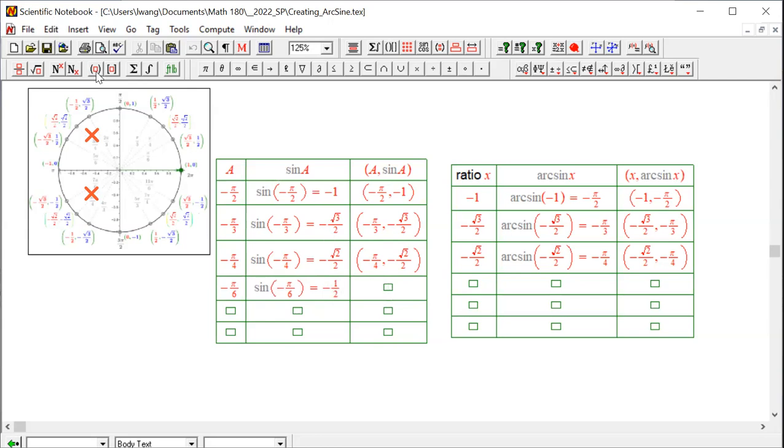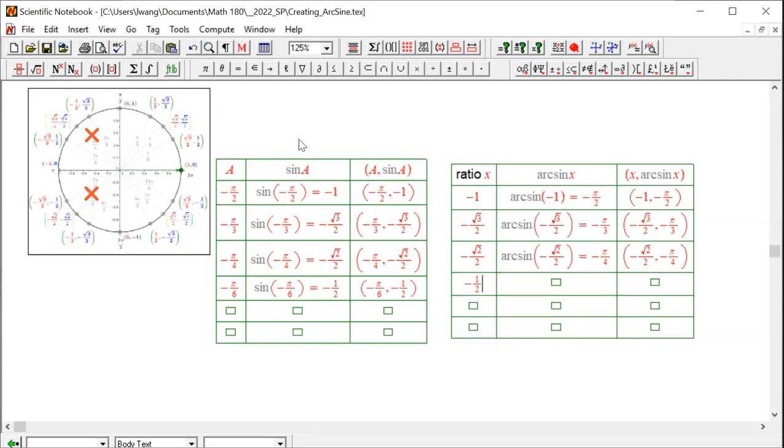Now with that said and done, the input is negative pi/6 and the output is negative half. And in the reverse, input becomes output, output becomes input. So the input is negative half, and the output is arcsine of a negative half.